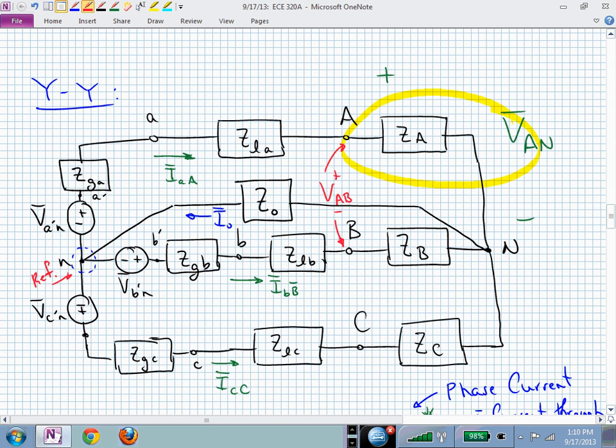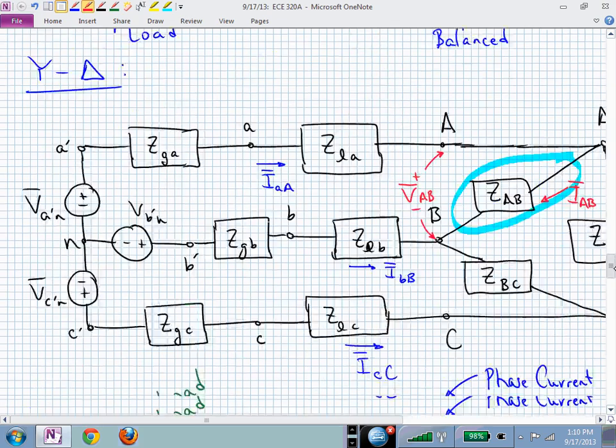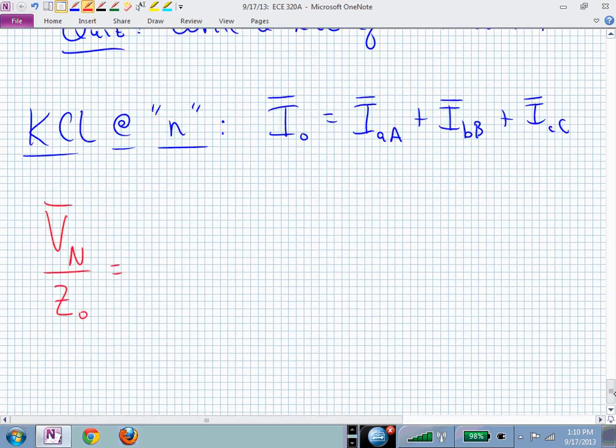Yes? And I can do exactly the same thing for all of the other phases. So that now I have V sub A prime N minus V sub N all over Z sub GA plus Z sub LA plus Z sub A. That's I sub AA. I sub BB.